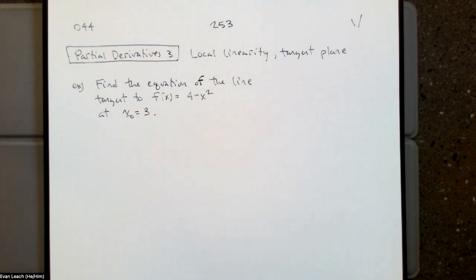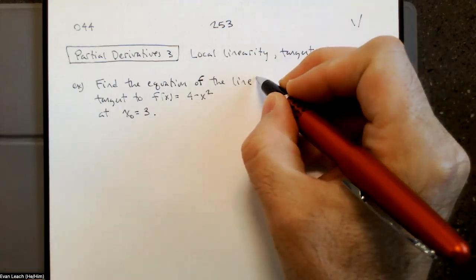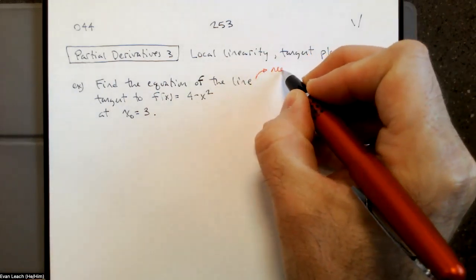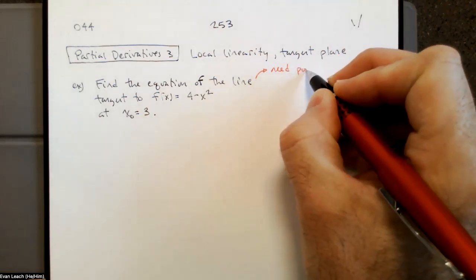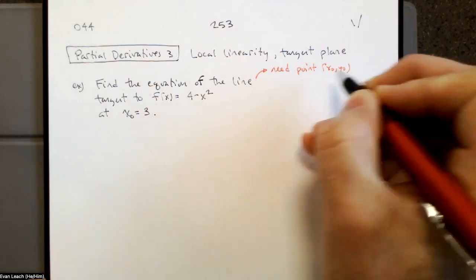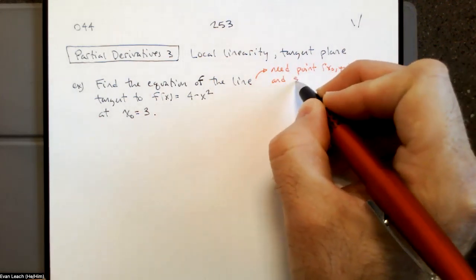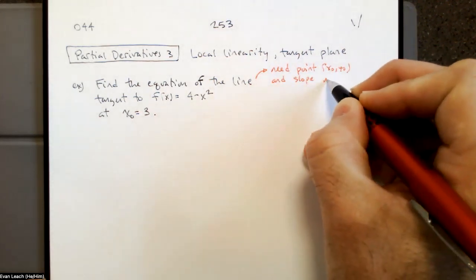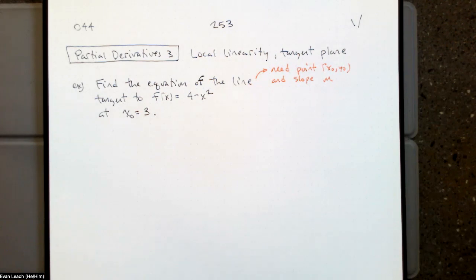This is telling us we need a point and a slope. All a line is a location and a direction, a point and a slope.